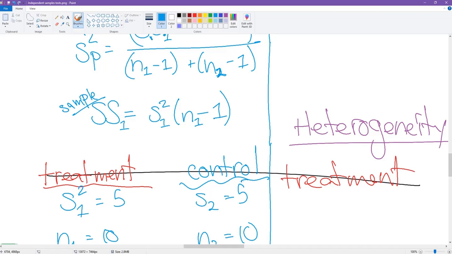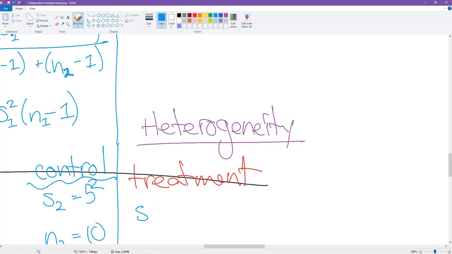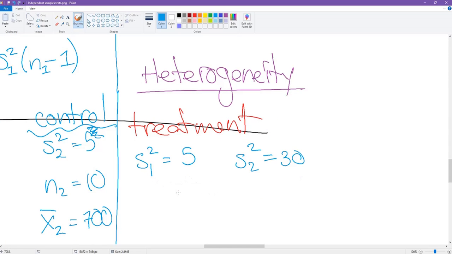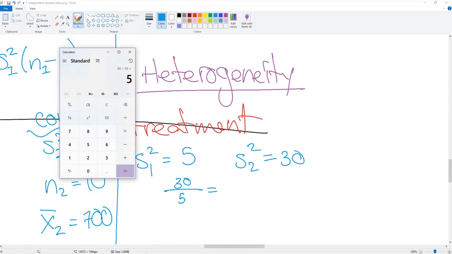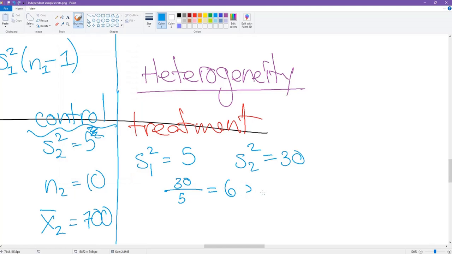We're going to take the variance in our first group and say that is still 5, and the variance in our second group is equal to 30. If I do the heuristic of taking my largest variance divided by my smallest variance, I'm going to get 30 divided by 5, which gets me 6. And that is larger than the heuristic. That means we have heterogeneity of variance.